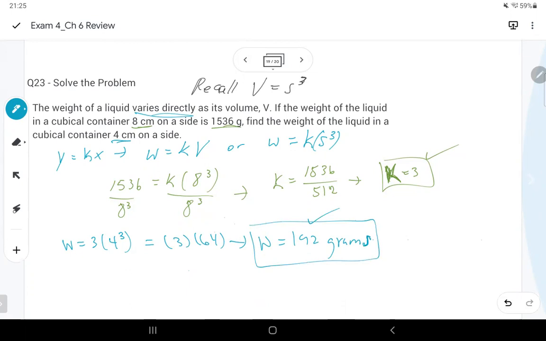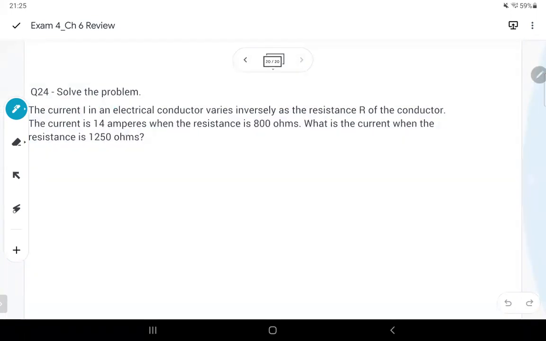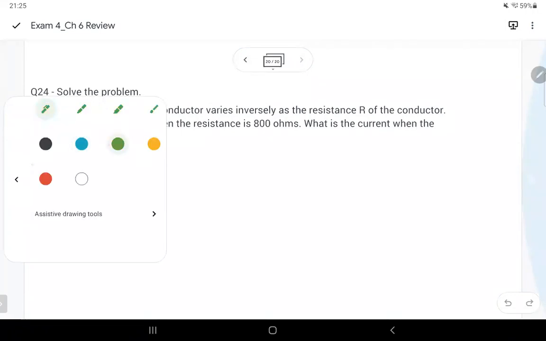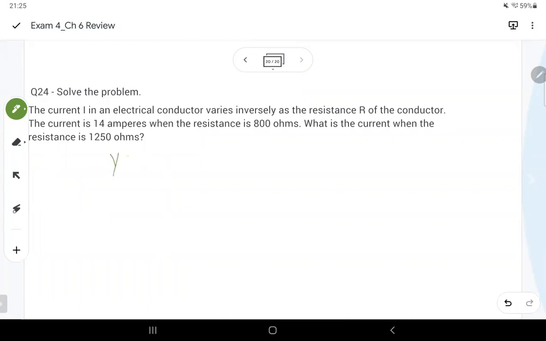All right, last problem for the review. We have inversely, so y equals k over x. We are given I for current over k over r for resistance. We are given 14 for the current and 800 for the resistance.